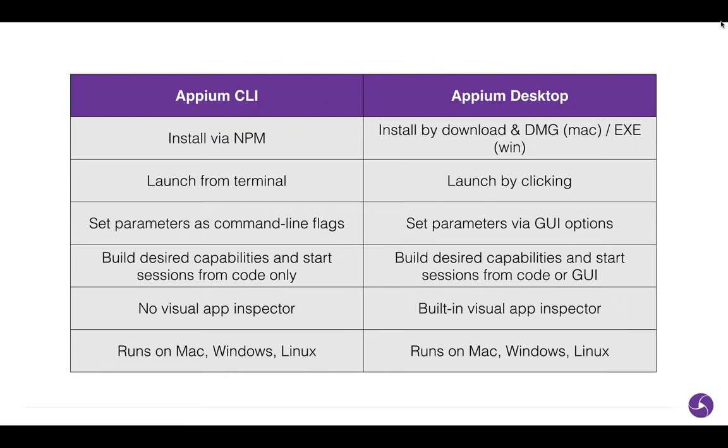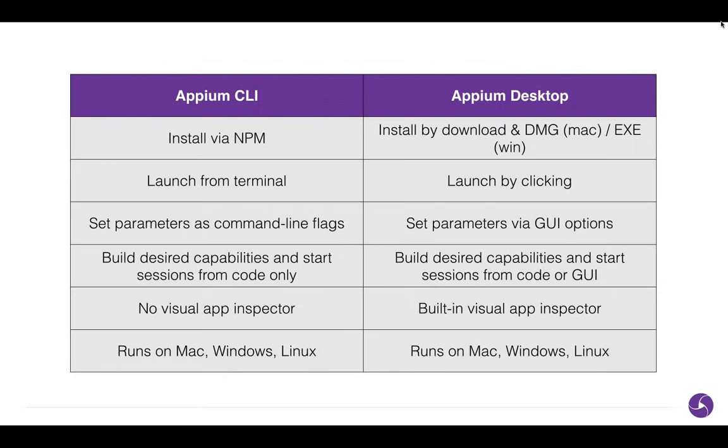From the command line, the only way that you could start a session was to build up your set of desired capabilities in a test script and run that test script from the command line or from Jenkins or something else and have it target the Appium server. With Appium Desktop, it's a bit different. You can actually build a set of desired capabilities and launch an inspector session from Appium Desktop itself.